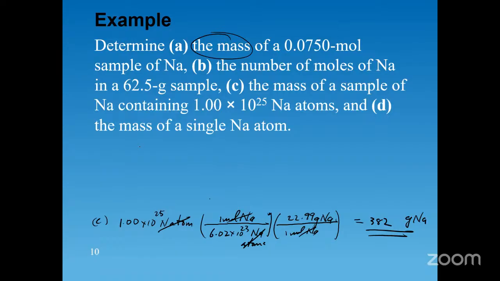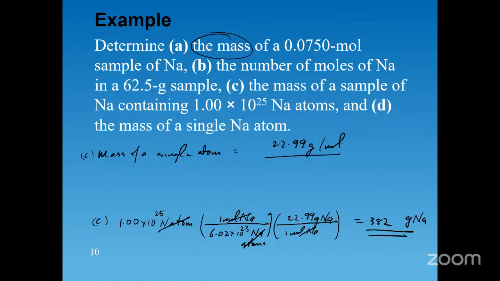So basically, to find the mass of a single atom, all we have to do is take the molar mass, which is 22.99 grams per mole, right?